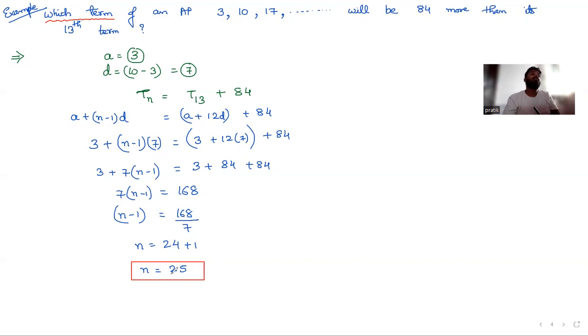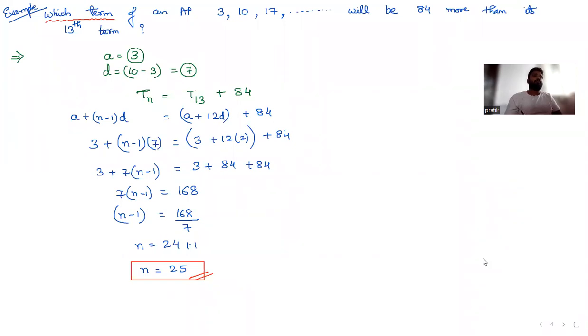They asked you what is the position of that number, which is equal to T13 plus 84. So it is 84 more than the 13th term. So what is the position of that number based on the AP which is given to you? So n is equal to 25.